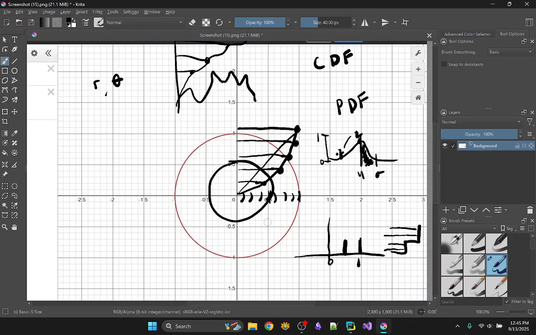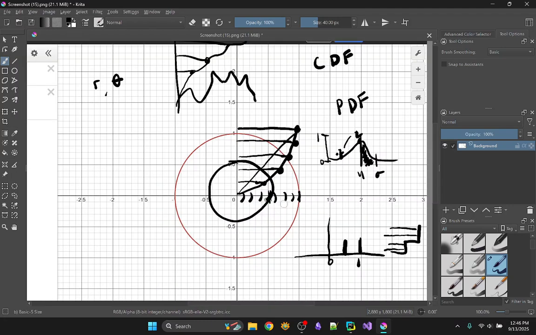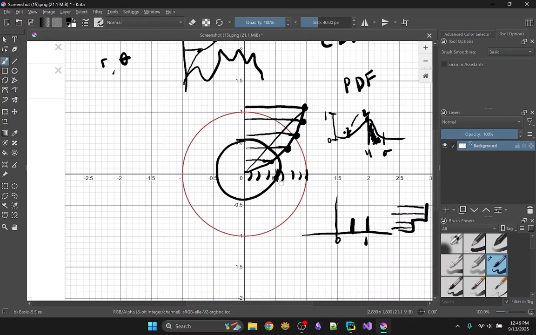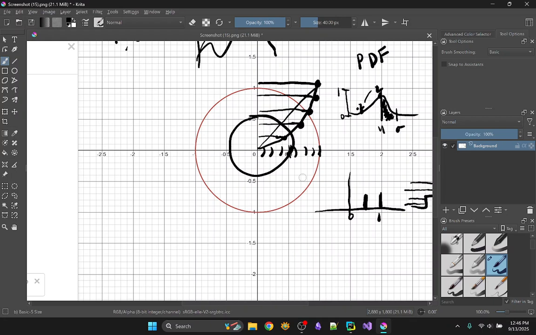And I don't know, maybe this could be used to generate points on the surface of a sphere as well, or other interesting things. One interesting thing about what we've been doing with the circle here is you can use it to generate random points on the circle, but you could also use it to create a grid on the circle where each square of the grid has an equal area.